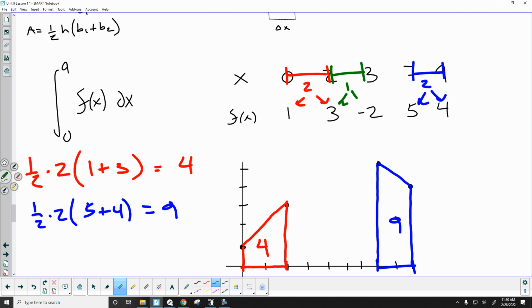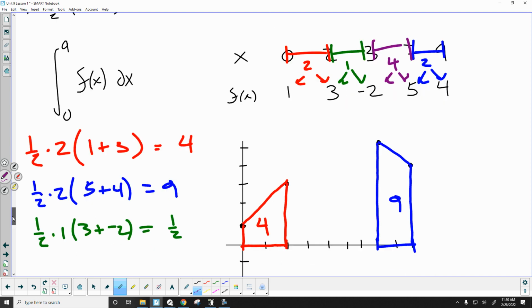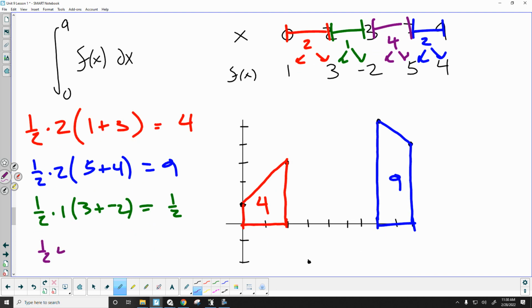Okay? You don't worry about the visualization. This is 1 times a half. That's a half. This is 6. I don't have the shapes drawn though because it's confusing.